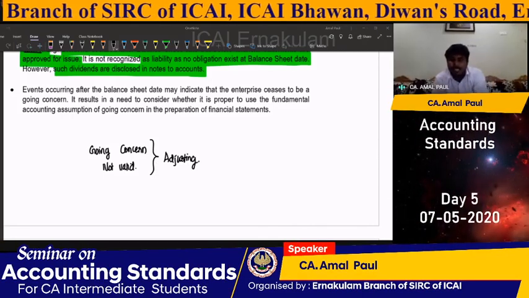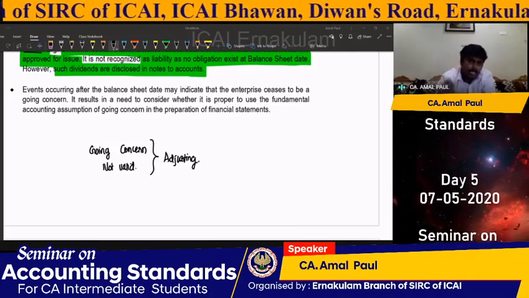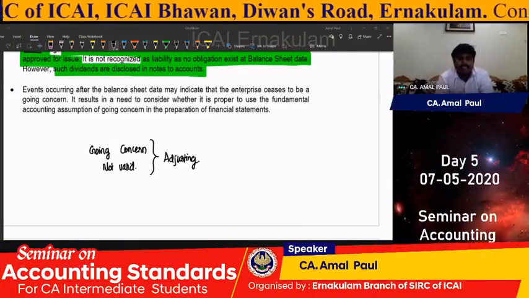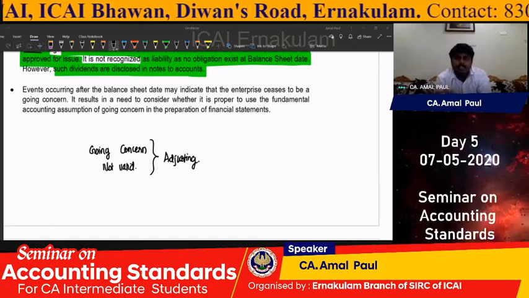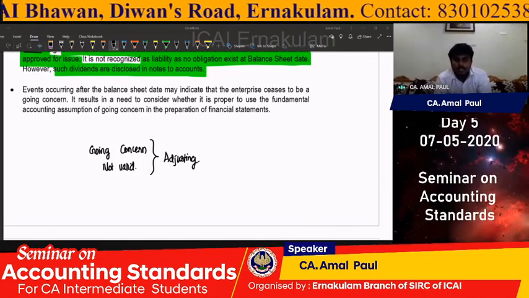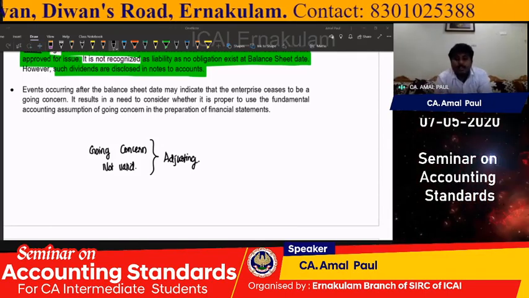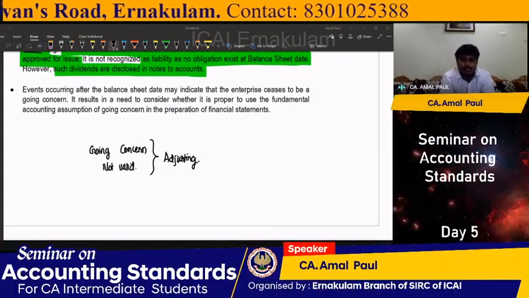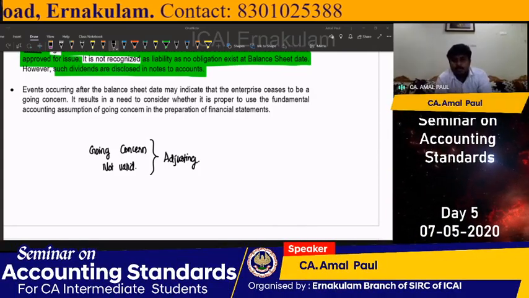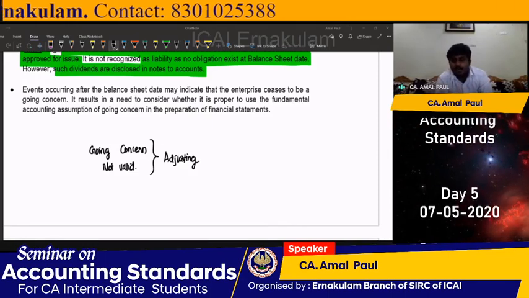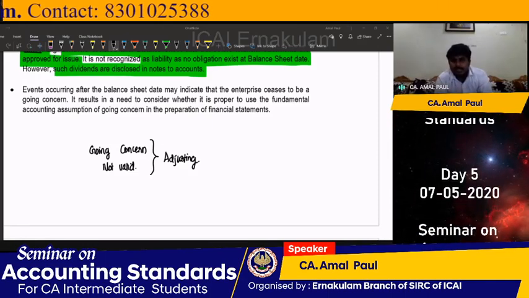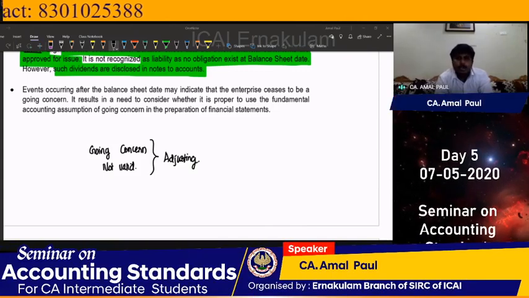After the balance sheet date, we come to know that there is a condition which causes issues to the going concern aspect. For example, on 31/3/2020 you were running your business; 31/3 is your balance sheet date.